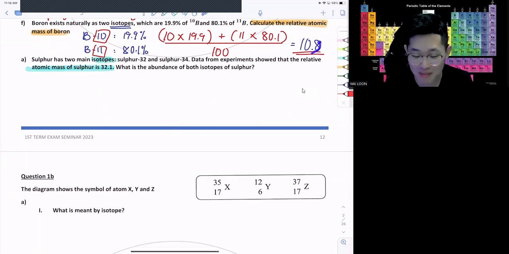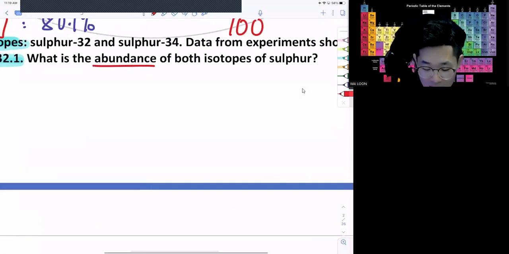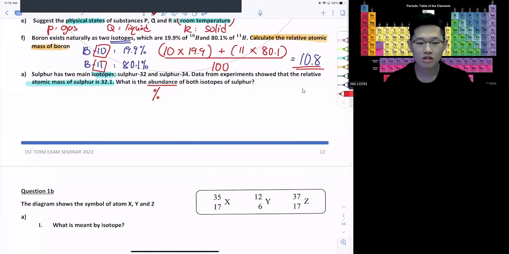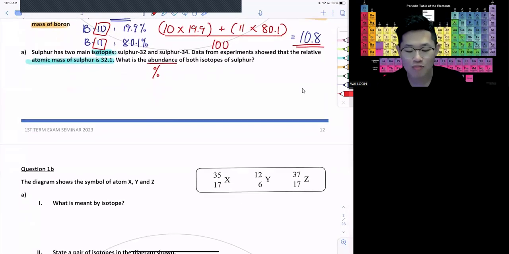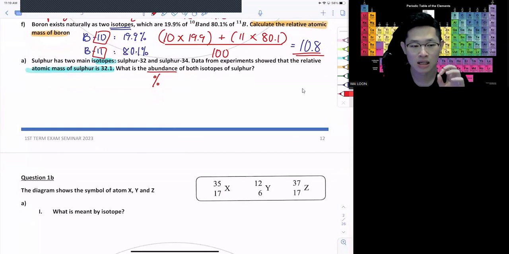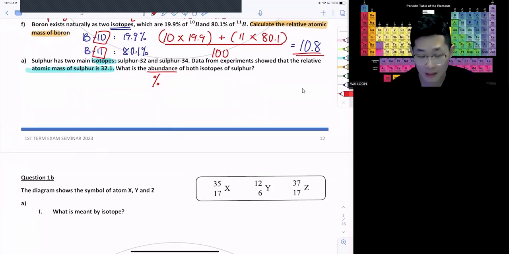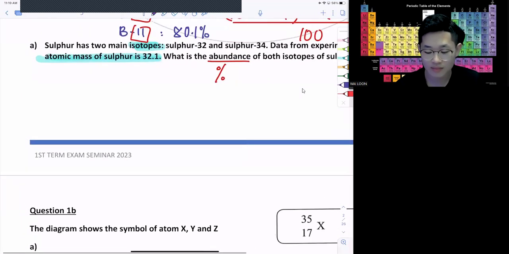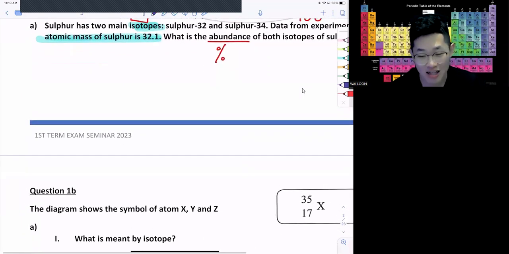It's the same thing again, but this time they gave you the final answer and you have to find the abundance of both isotopes. The abundance means the percentage. So they want you to find out how many percent of sulfur 32 and how many percent of sulfur 34 they have.